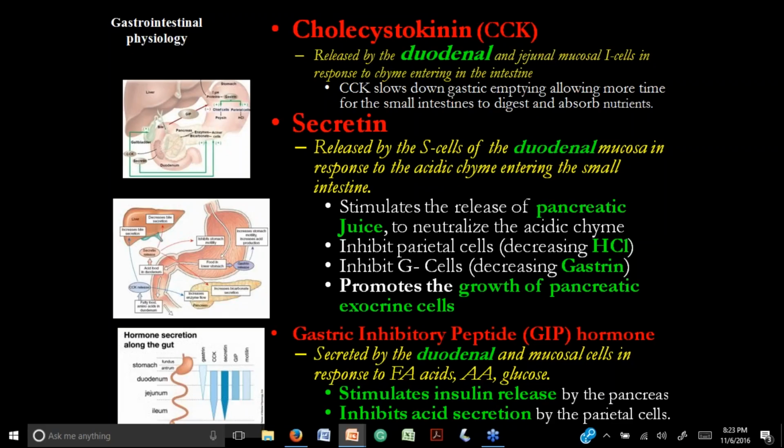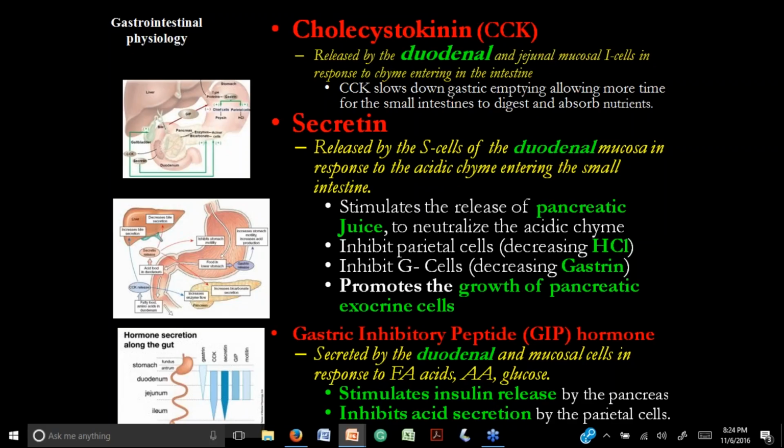Cholecystokinin is stimulated when the chyme passing from the stomach to the duodenum has a certain pH, acid, and mechanical contact with the wall of the duodenum. So the cholecystokinin produces the contraction of the gallbladder for emulsification, and stimulates the secretion of the pancreatic juice at the same time.